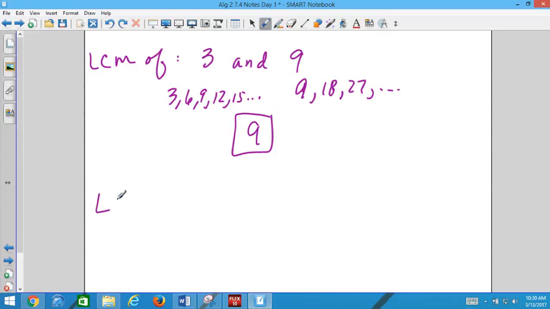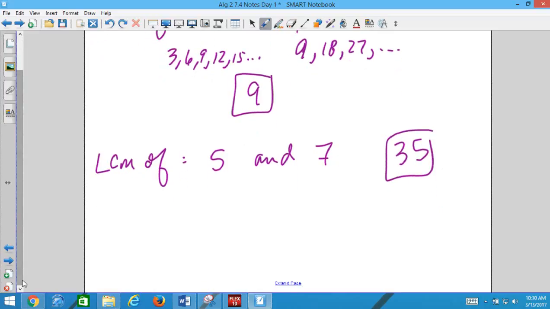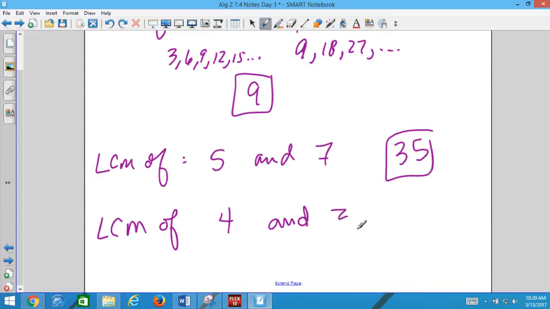So if we have the LCM of 5 and 7. 35. 35 is the LCM of 5 and 7. The LCM of 4 and 3. 12.